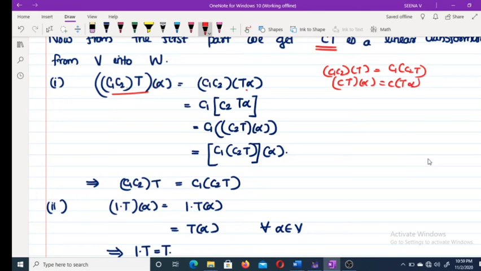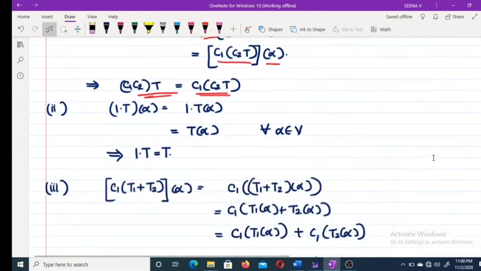Here for c we have c1 c2, therefore c1 c2 T(alpha). Now c1, c2 belong to F and T(alpha) also belongs to W, and you can write this as (c1 c2) T(alpha). This is true for every alpha belongs to V. This implies (c1 c2)T equals c1(c2 T).